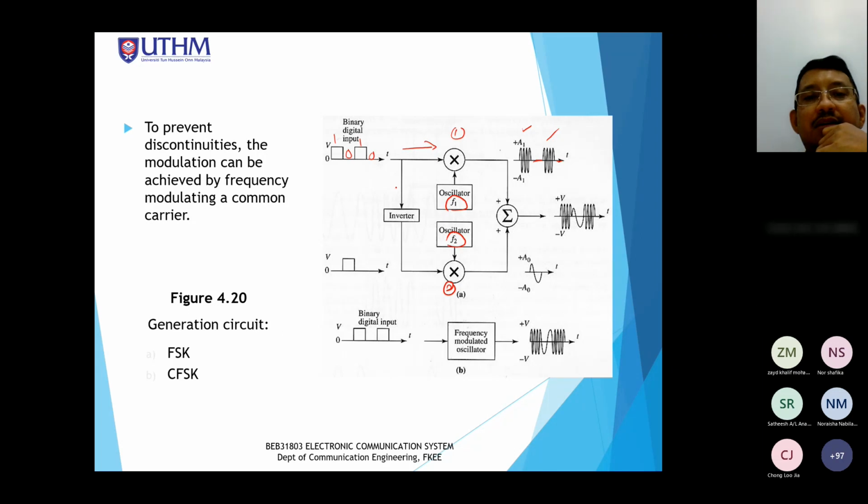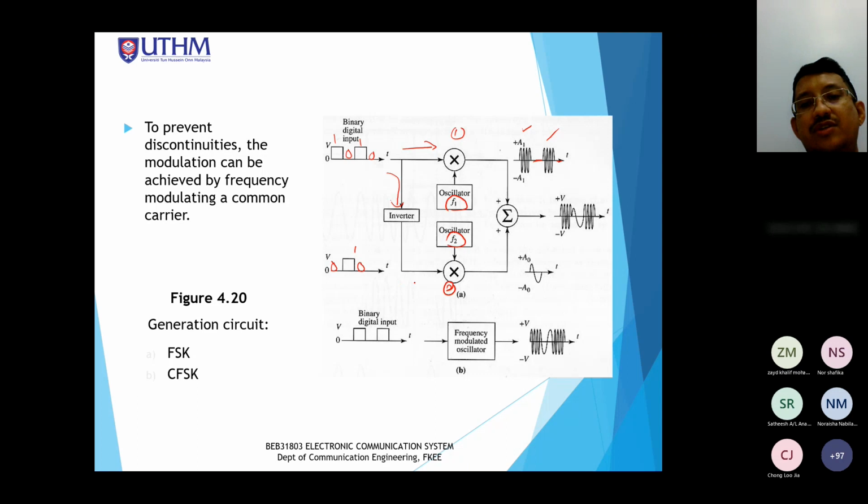Okay, and then the input also passes through the inverter. Inverter means it will invert, so it will invert logic 1 to logic 0, and logic 0 to logic 1. So the input is inverted. For example, here 1 0 1 will be changed to 0 1 0.